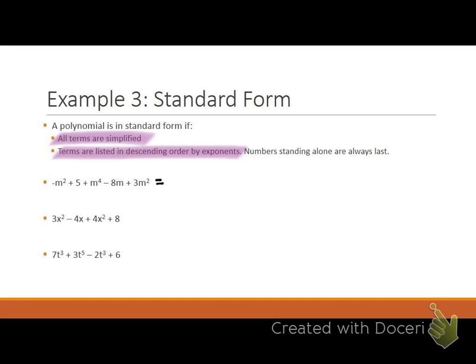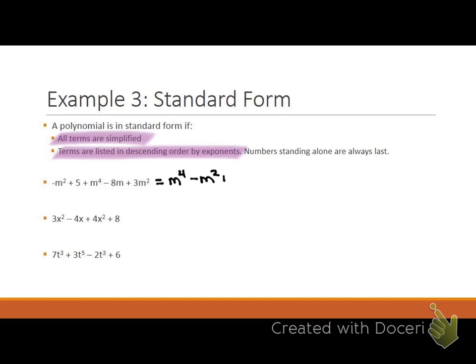So here's what I'm going to do. In your books, it's going to give it all out of order to you, so you don't have to copy the original problem out of order. I want you to go ahead and from the book to your paper, put it in descending order. So what is the highest exponent that you see there? 4. M to the fourth, so that comes first. Then do you see any m to the thirds? No, no m to the third, so m squared. Do you see any m squared? Yeah.